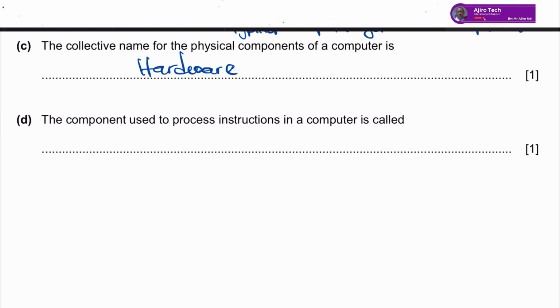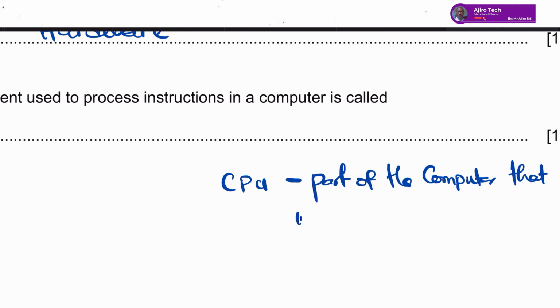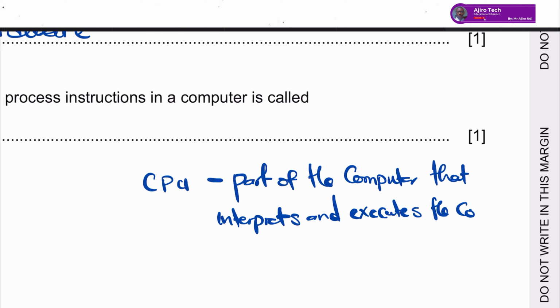When we look at the CPU, the central processing unit, it is a part of the computer system that interprets and executes the commands from the computer hardware and software.